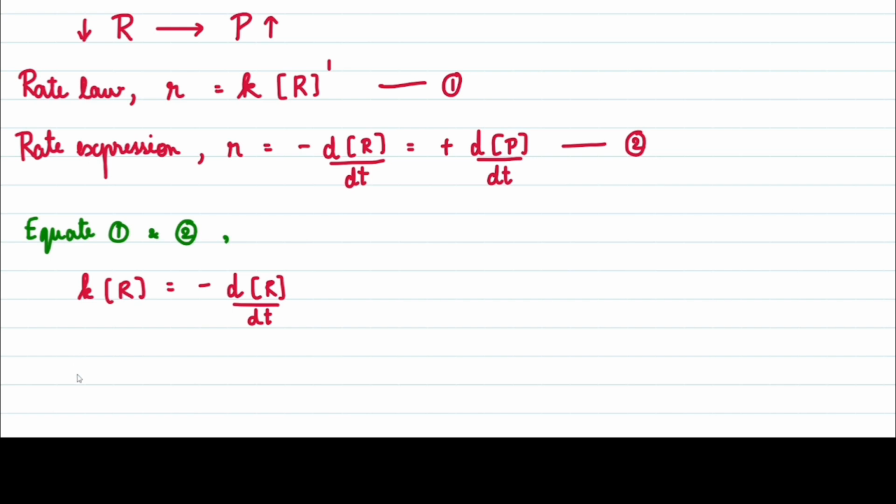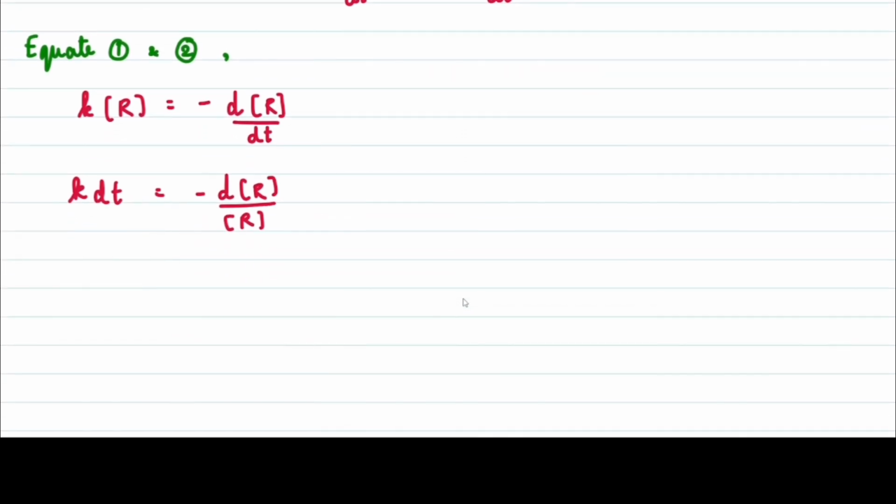So it will be k dt is equal to minus d concentration of R by R. It is in multiplication, so it comes here as a division.